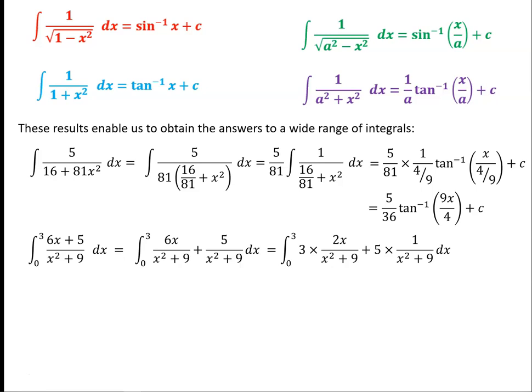The 5 over x squared plus 9 that we've got, we can certainly say is the same thing as 5 times 1 over x squared plus 9, and we can certainly handle that using the fourth of the results at the top of the page.